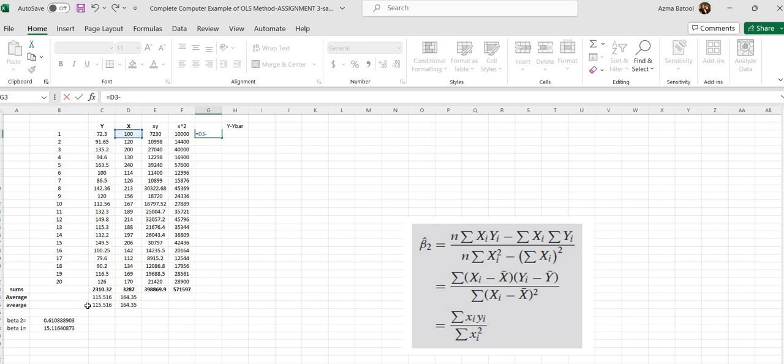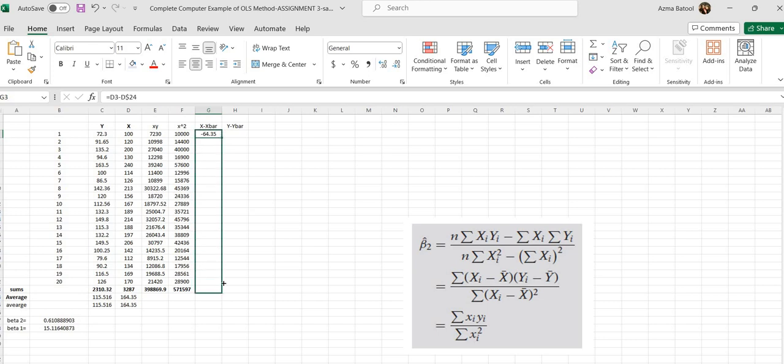Where is x bar? It's right here, the x average. But again, since I have to adjust the column, I have to put a dollar sign. Here we go with the first calculation, drag it down. Here we go with the sum of all of the x minus x bar values.